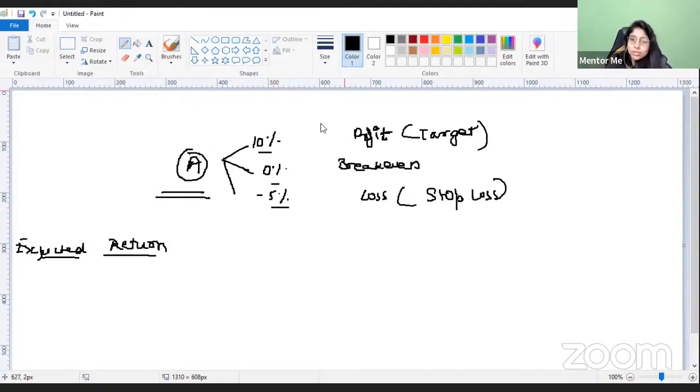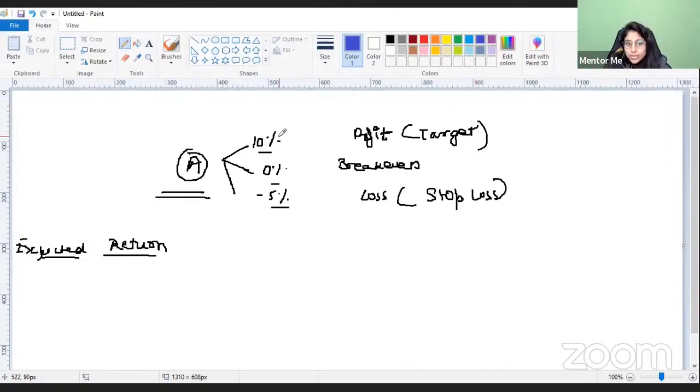So we have three possibilities. Now whenever we take a trade, whenever we invest, it's a game of probability, not certainty, right? So we don't know what will turn around, but we would like to take such trades or invest in such a manner where the probability of profit is higher than the probability of break even or loss, right?